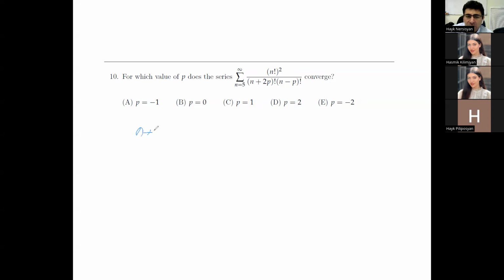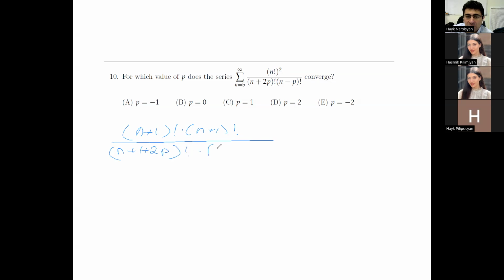Just consider (n+1) factorial squared, and maybe it is better to write the product of two (n+1) factorials, divided by (n+1+2p) factorial times (n-p+1) factorial. P is a parameter, it's just a constant.